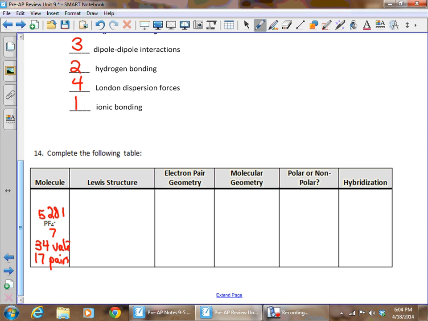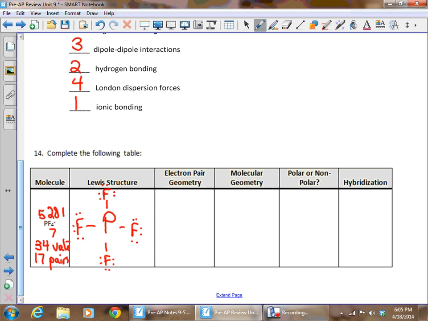So let's put phosphorus in the middle. We've got the 4 fluorines around it. And making the fluorines bond to the phosphorus took 4 pairs of electrons. So we've used up 4, 5, 6, 7, 8, 9, 10, 11, 12, 13, 14, 15, 16.